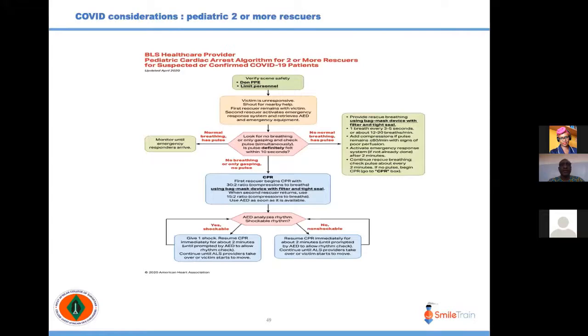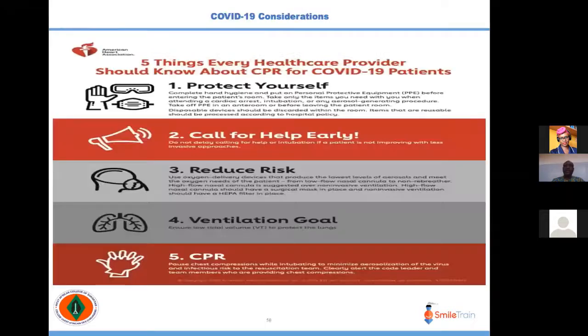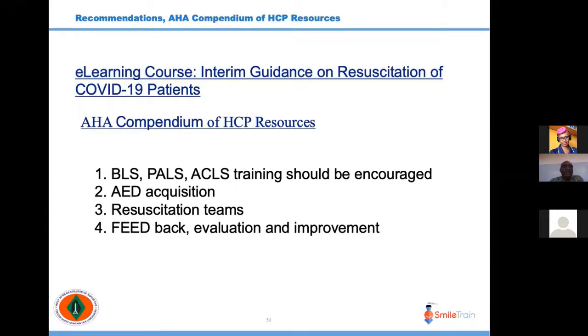So these will probably be shared with you in the notes. So protect yourself, call for help, reduce risk, and ensure a good ventilation goal. And then this slide is just for the rest of the recommendations.